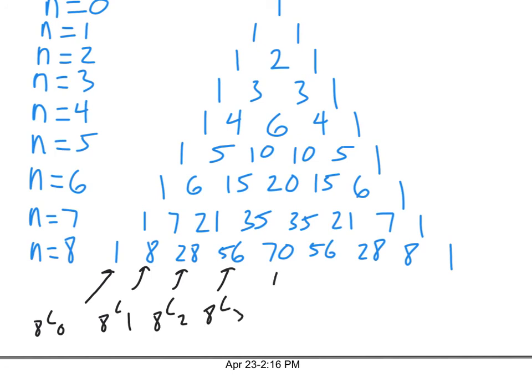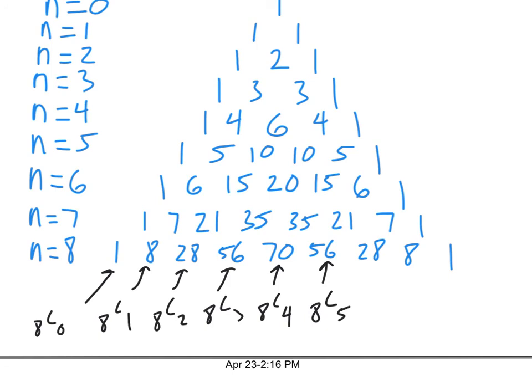There's 8 choose 3. There's 8 choose 4. And remember now the pattern that we saw, that these coefficients start to repeat.